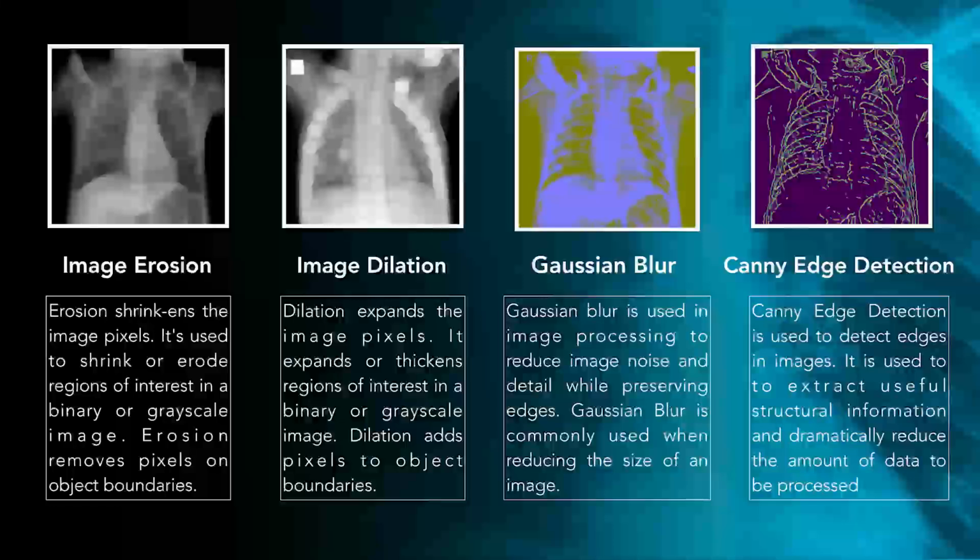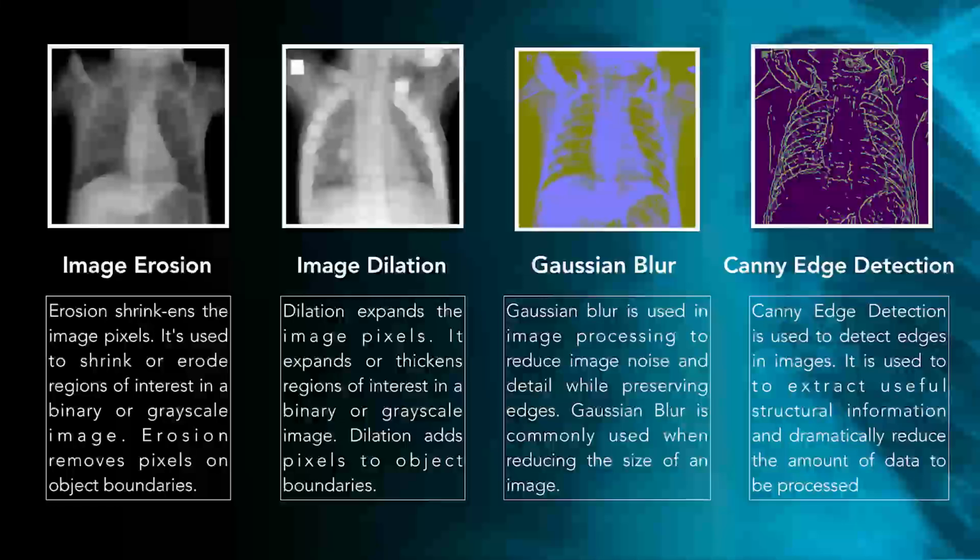Image erosion. Erosion shrinks the image pixel. It is used to shrink or erode region of interest in the grayscale images. Image dilation. Dilation expands the image pixel. It expands or thickens the region of interest in a grayscale image.